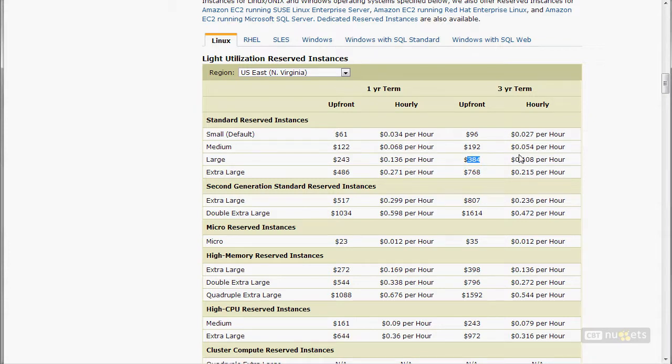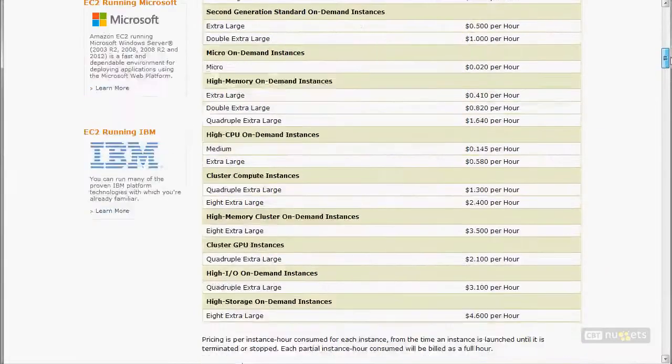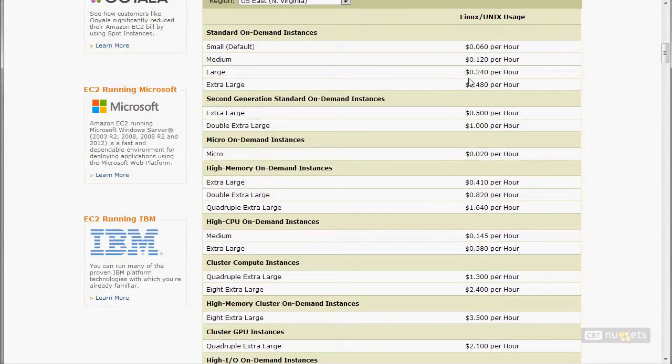And what you get, at least in a 3-year term, in exchange for that is an hourly price of 10.8 cents an hour. Now again, come back up here to the on-demand instances for large, and you are at 24 cents an hour.